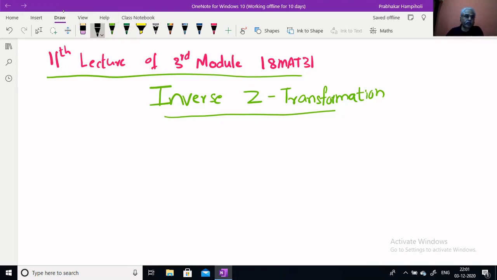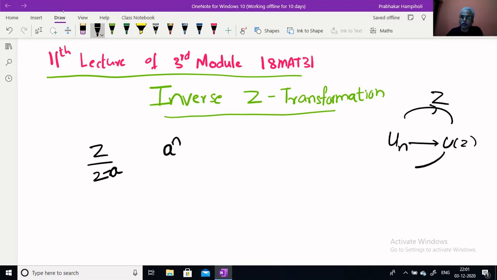So we know that Z transformation of A raised to n is Z by Z minus A. So far we were going from n to z, that is Z transformation.